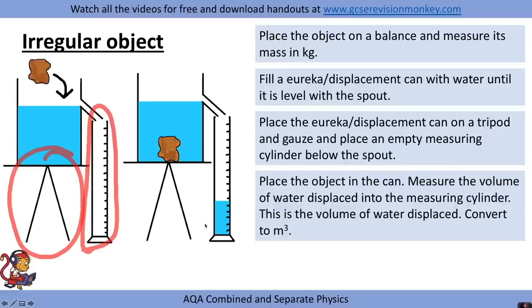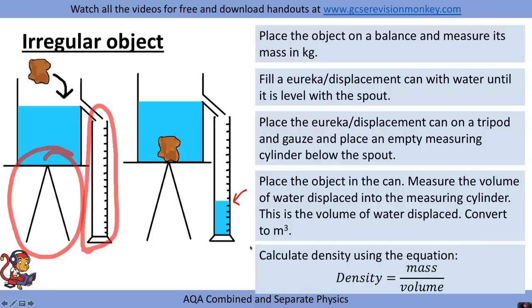We will then place the object in the can and measure the volume of water displaced into the measuring cylinder and convert this to meters cubed. So then we can put our mass into our equation, divide it by our volume, and we will therefore be able to calculate the density in kilograms per meter cubed of the irregular object.